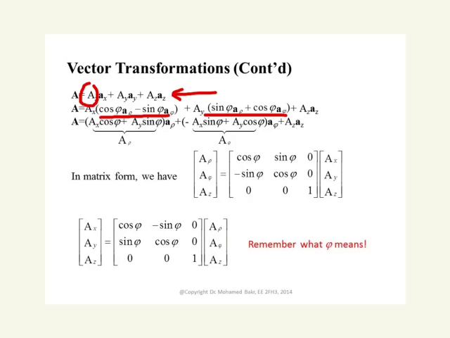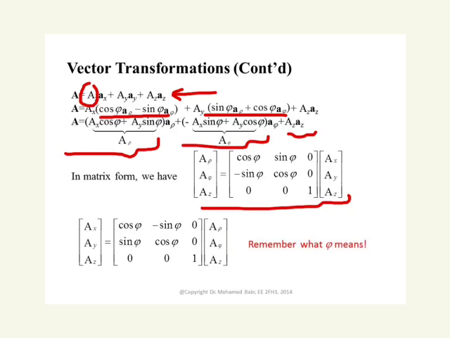So you can see now this term here is the component in the direction of rho. This term, the component in the direction of phi. This is the z component. This tells you that the component in the direction of rho is a function of the x and y components. The component in the direction of phi is a function of the x and y components. And the component in the direction of z does not change. And of course, you can put this in matrix form.